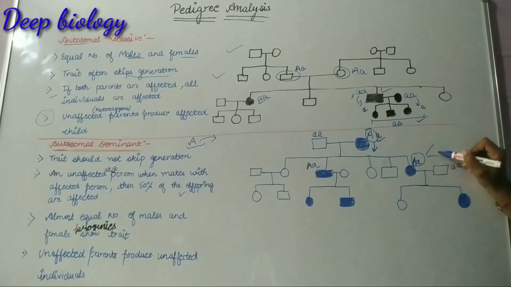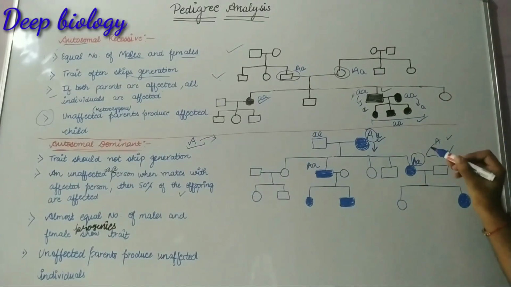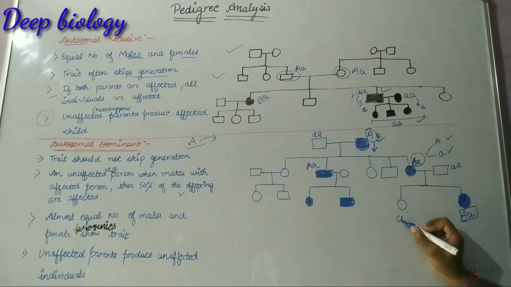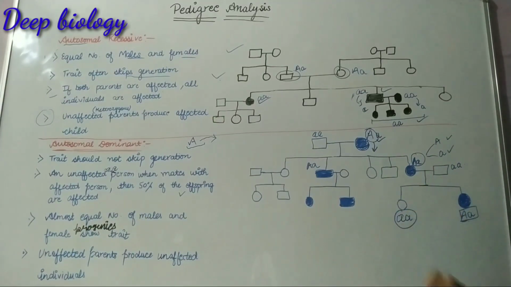That's why it will pass two alleles, capital A and small a. When a capital A bearing gamete fuses with small a, then there is disease. But when a small a carrying gamete fuses with a small a carrying gamete, then there is a normal child.